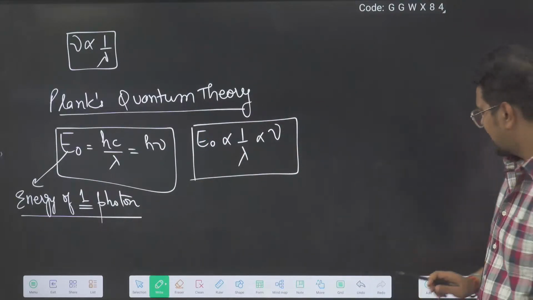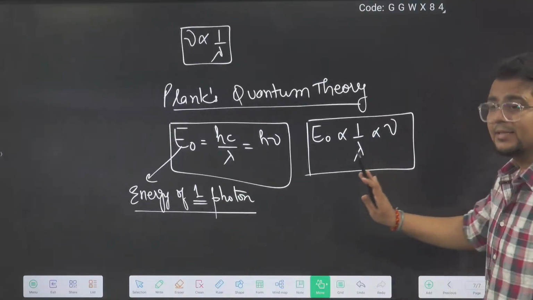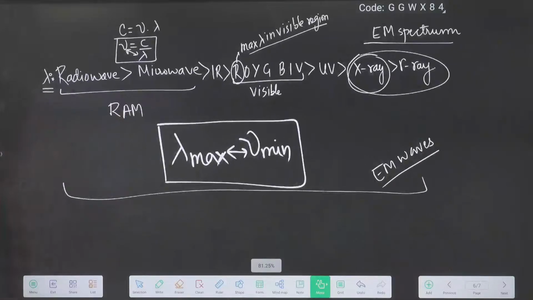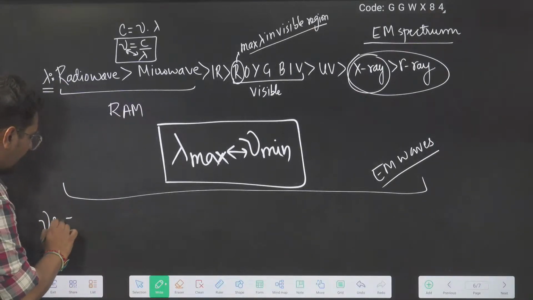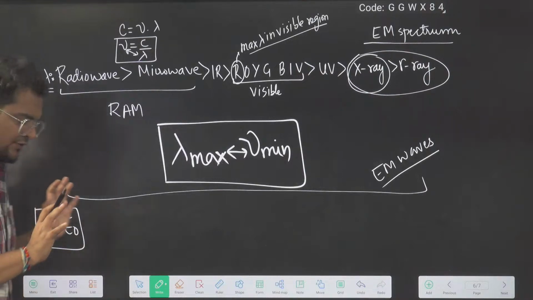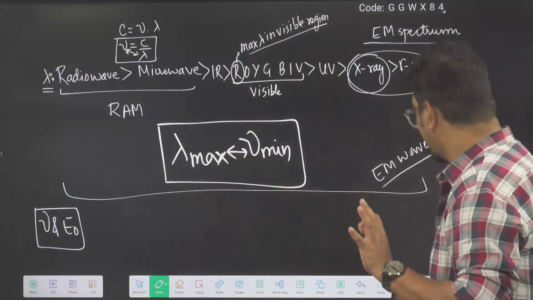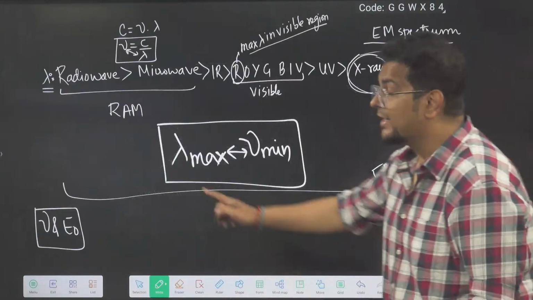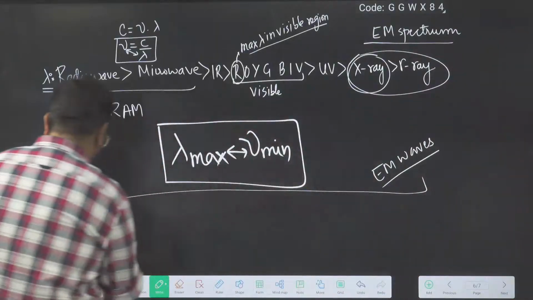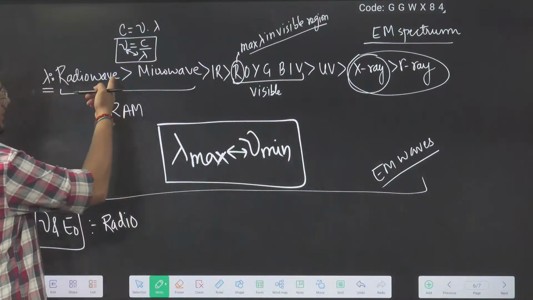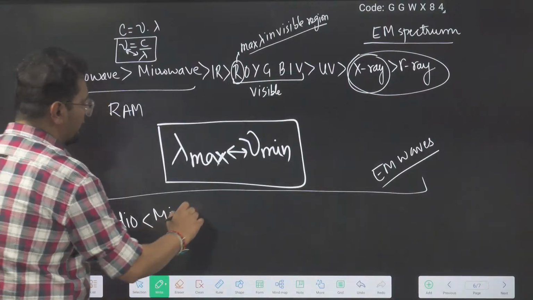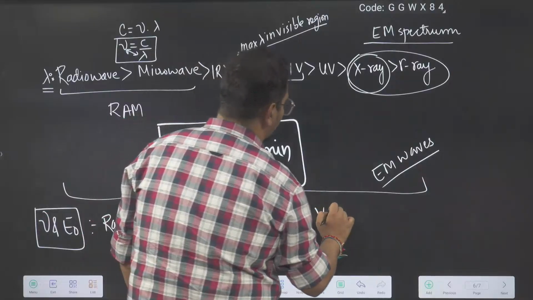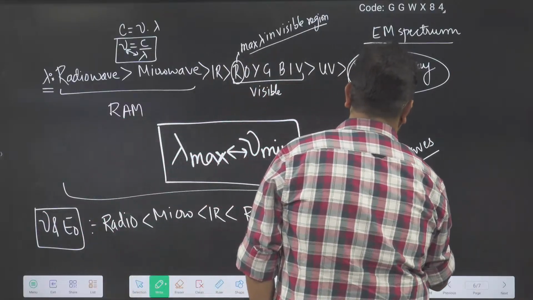So if I consider this as my basis, I can write one more order here now. The order will be of frequency and energy both. Frequency and energy of the electromagnetic radiations are proportional. Planck told this, we will do this in the next class in numericals also. According to this, we can also write the frequency and E naught order: radio wave, here maximum wavelength, minimum frequency, then microwave, then IR, then red, orange, yellow, green, blue, indigo, violet, then UV, then X-ray and gamma ray.